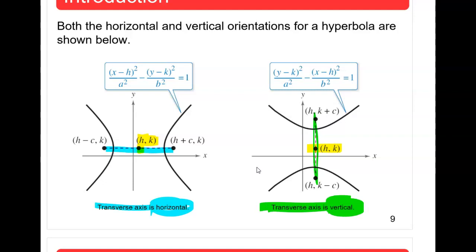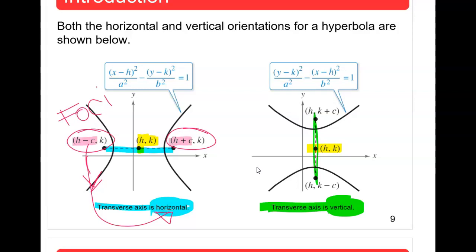So if you have to find the foci, then you will use these two formulas, and you will be making the changes to the x coordinate, the horizontal coordinate, of the center, because it is horizontal. That's why.